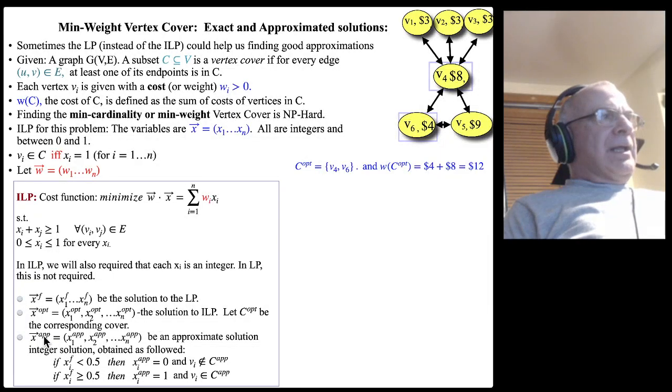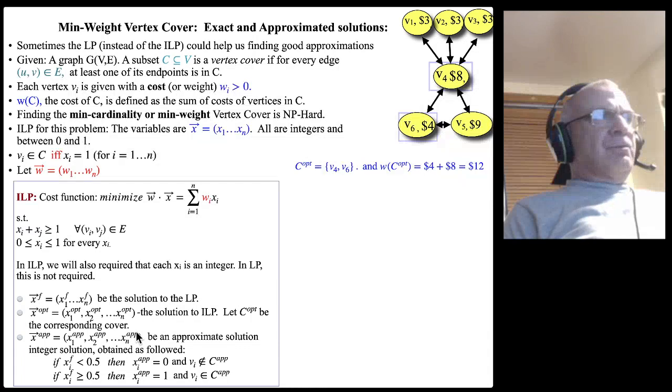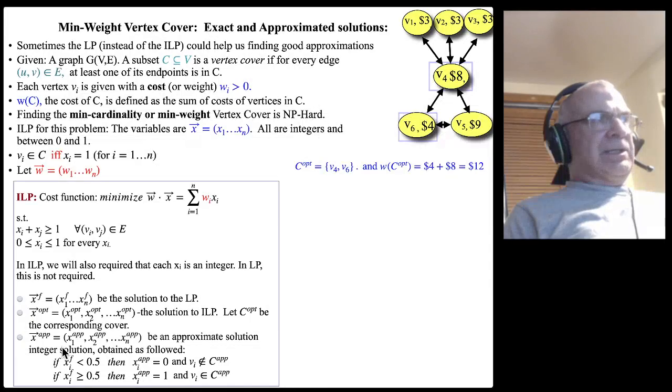Finally, X approximate is a new vector that I'm going to define. We saw it in the last class. X approximate will be x1 approximate, x2 approximate, dot dot dot xn approximate. This is going to be an approximate solution which consists of only integers. And how do I generate these integers?